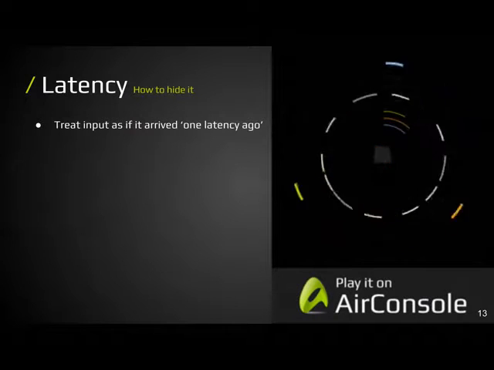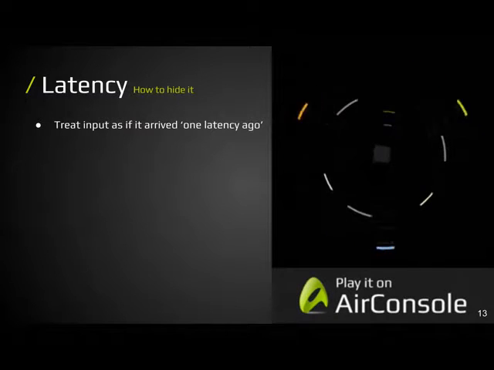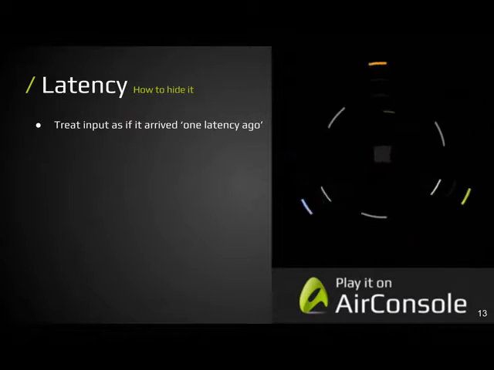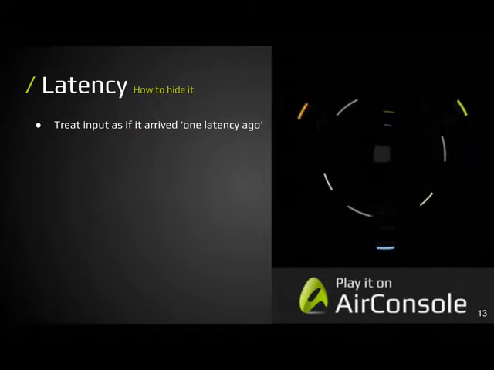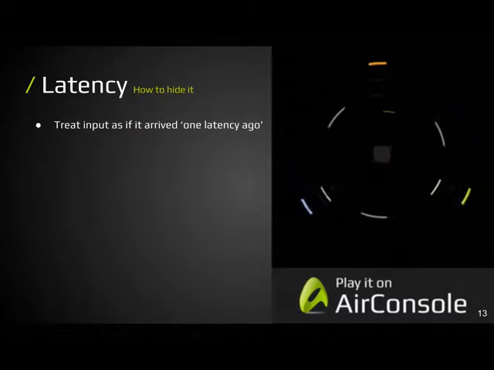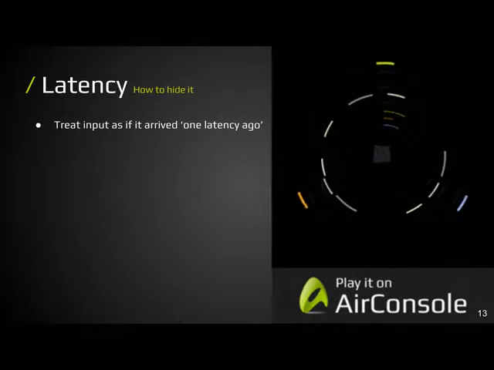So if the screen receives a message saying shoot and timestamp 0.2 seconds ago, that means the screen can then spawn a missile a little bit ahead to compensate for the latency.